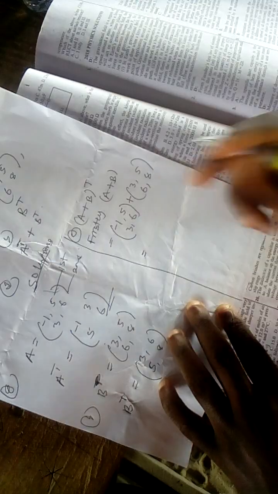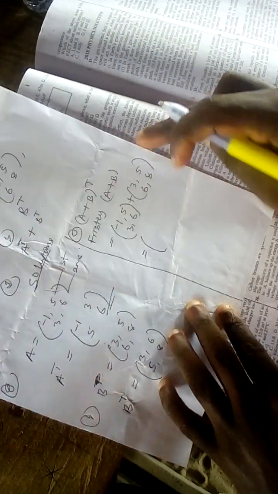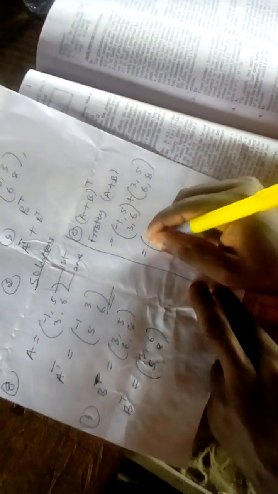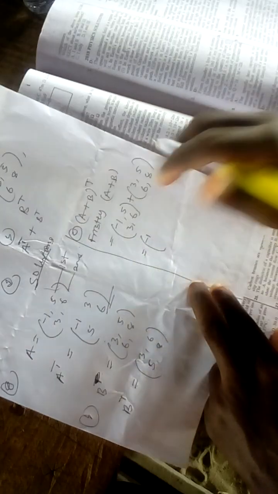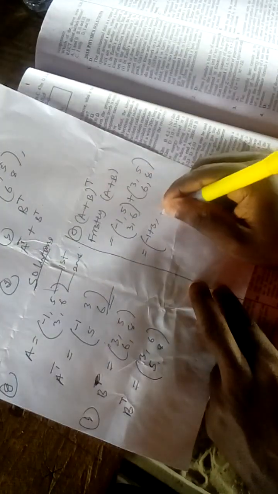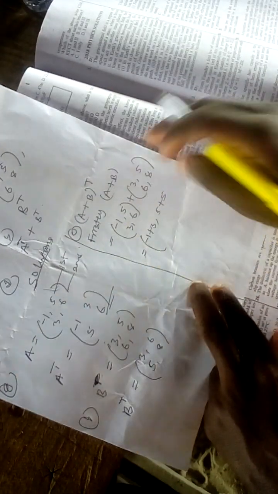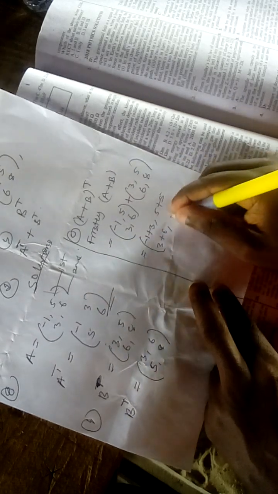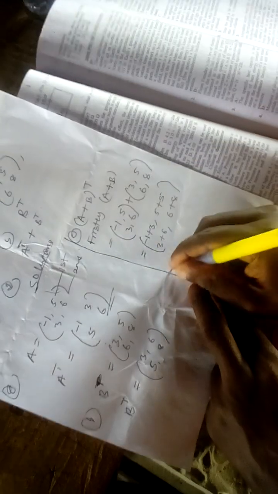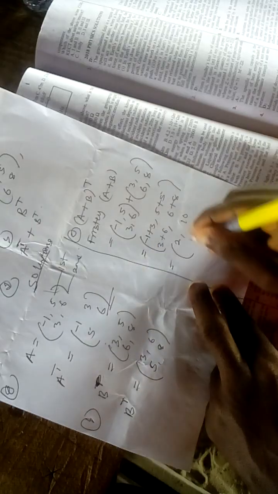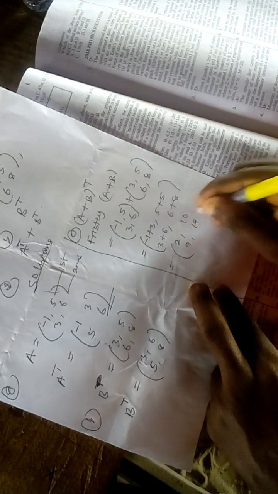In addition and subtraction, the first row will be added to the first row, while the second row will be added to the second row. So here, minus 1 plus 3, 5 plus 5, 3 plus 6, then 6 plus 8, which becomes 2, 10, 9, 14.